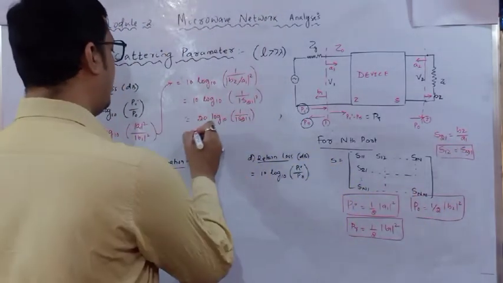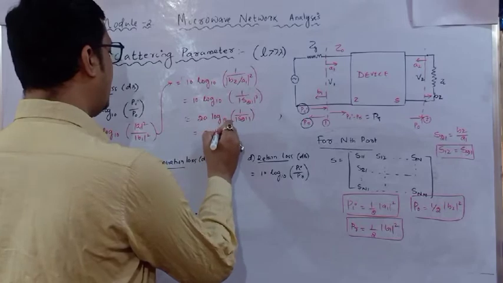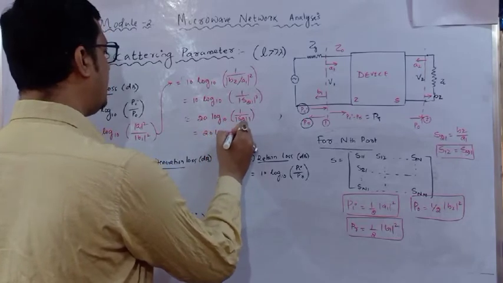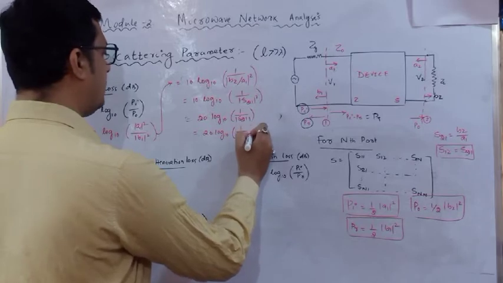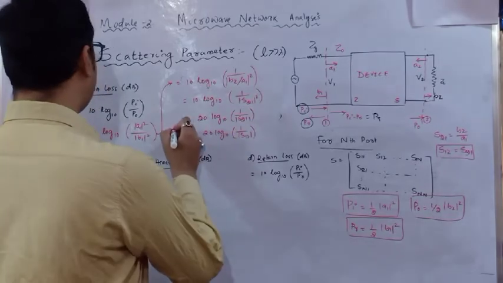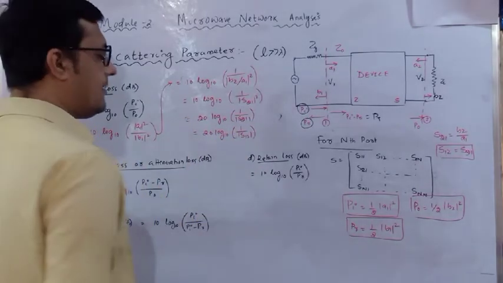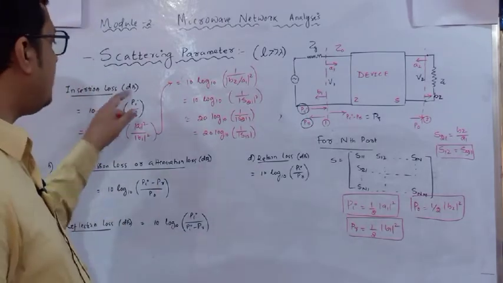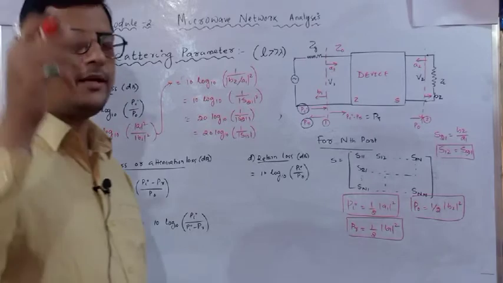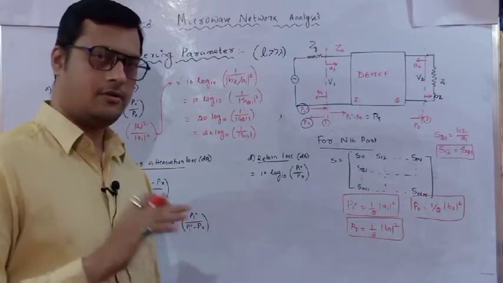So here you can write 20 log base 10 1 divided by mod of S12. This is called my insertion loss. So the insertion loss simple relation is input by output power.